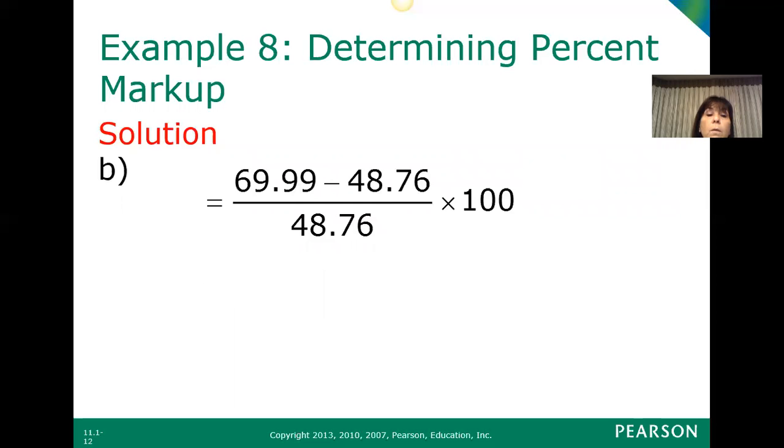The other one, same thing. The sale price was $69.88, but again, we have to subtract the dealer's cost and divide that by the dealer's cost, multiply it by 100. So again, the numbers come out to be 0.4354 times 100, which is 43.5%. And again, make sure you put on the percent sign. Hopefully this makes sense for doing the couple different types of markup and markdown.